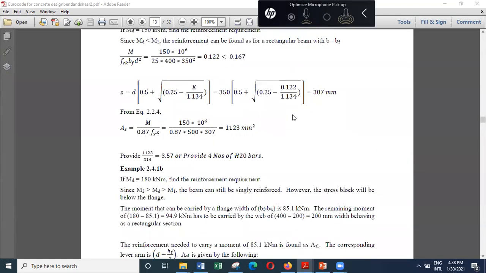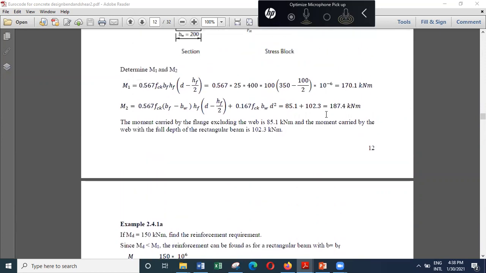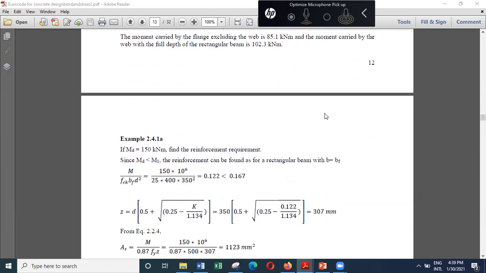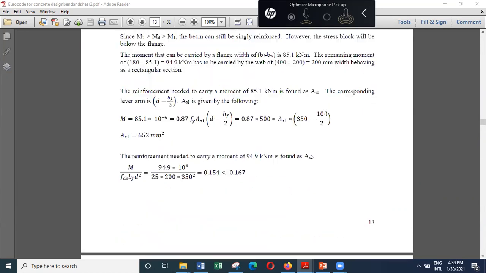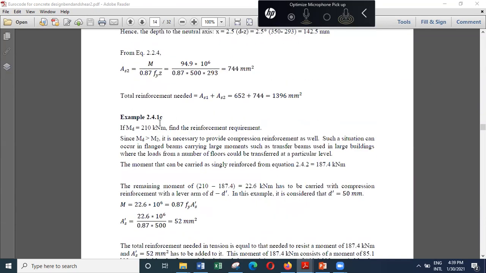So if the moment is more than 187, even for the flange section, we have to provide extra reinforcement. So if the moment is 210, then whatever the moment in excess of 187 has to be carried by the compression reinforcement.